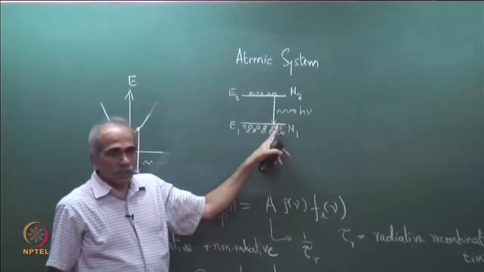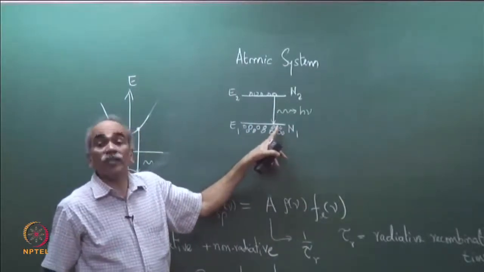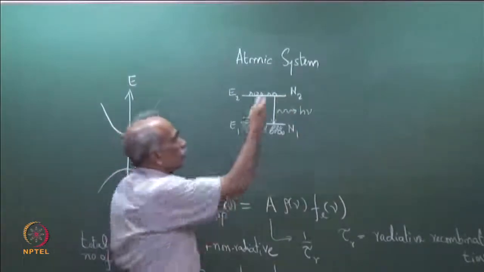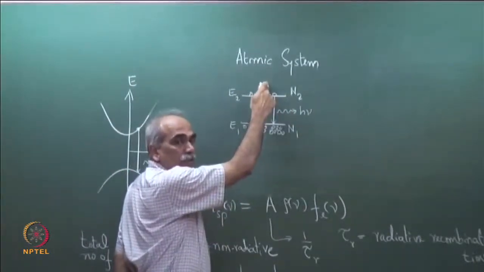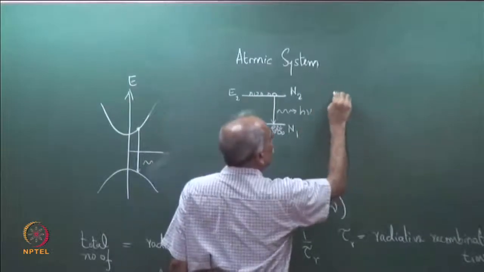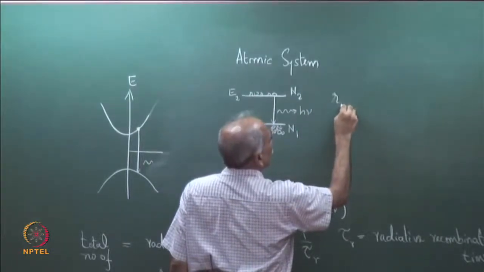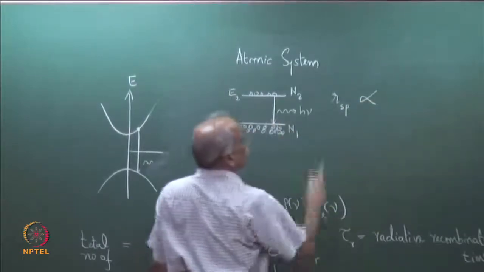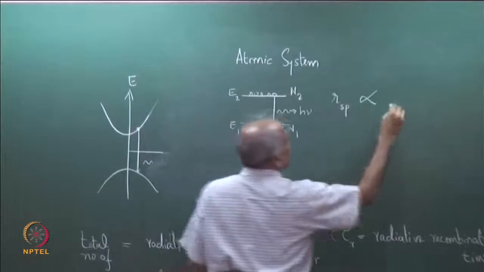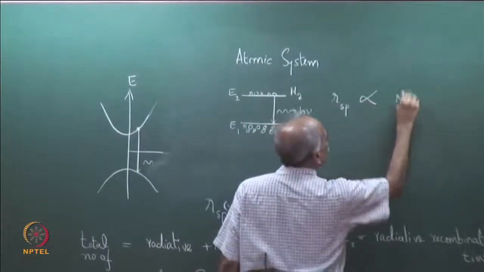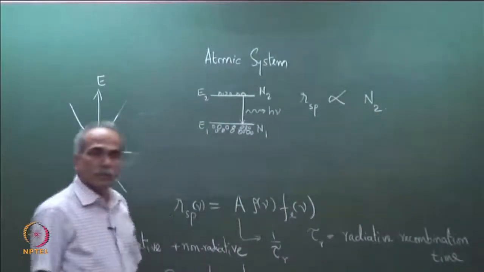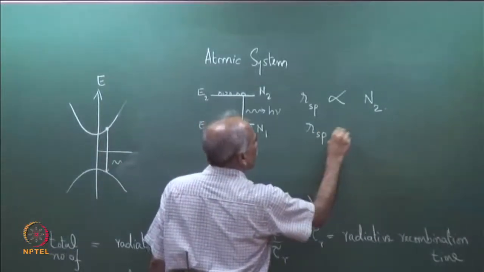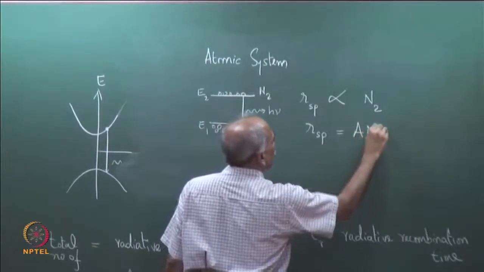The number of downward, spontaneous transitions is proportional to the number of atoms sitting here, and therefore the rate of spontaneous emission is proportional to N2, or rate of spontaneous emission is equal to A times N2.